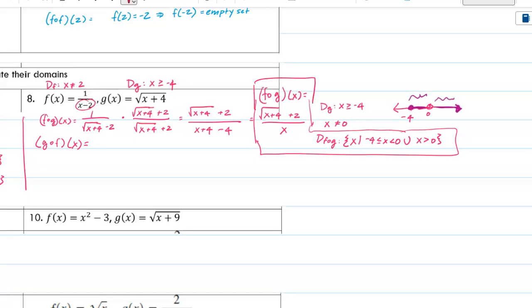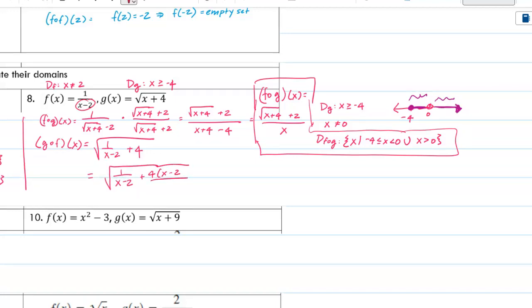Okay, g of f is going to be, the input function is f. I'm going to open this up, and I'm going to put 1 over x minus 2 plus 4. Kind of clean that up. So that's going to be 1 over x minus 2 plus 4 times x minus 2. I'm going to go ahead and combine that.